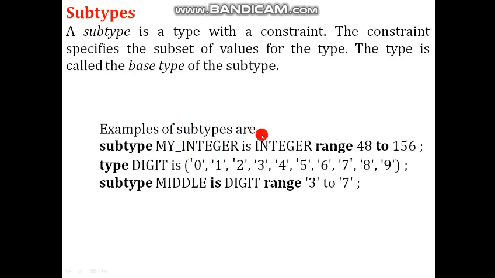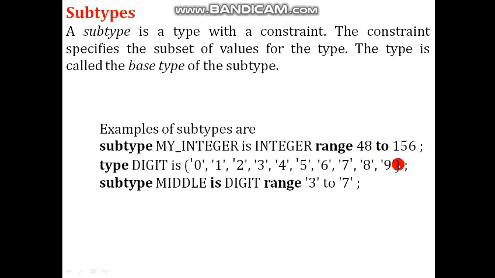Integer is the base type and my_integer is the subtype, and it has a range constraint with the values 48 to 156.